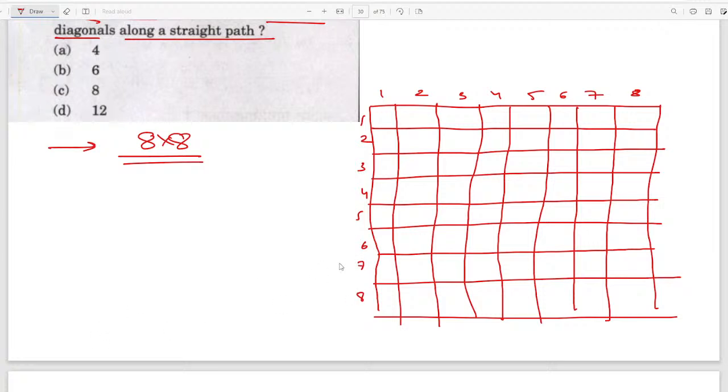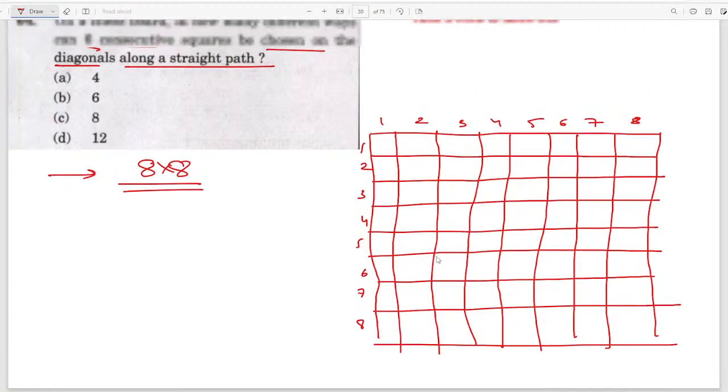This is a chess box, and you have alternate colors like black and white, black, white, black. So that they have not asked here.